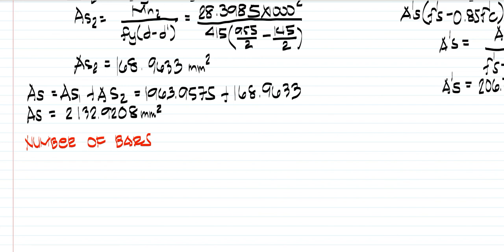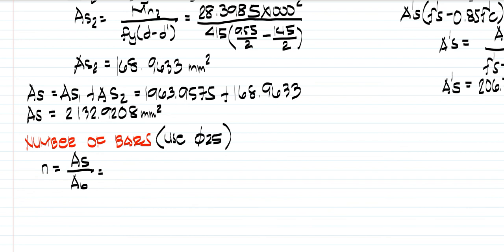Simula tayo on the part of the tension area. So, N is equal to the AS over the area bar. Sabi, we have to use diameter 25 mm bars. So, we have an AS computed kanina, which is ito.